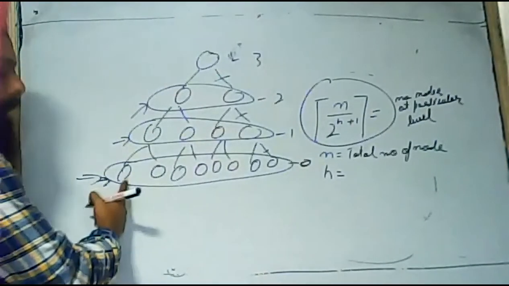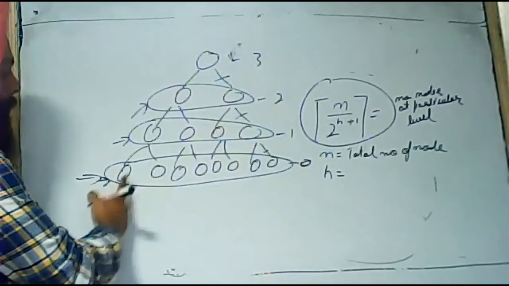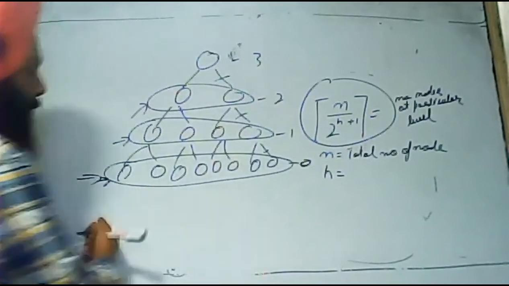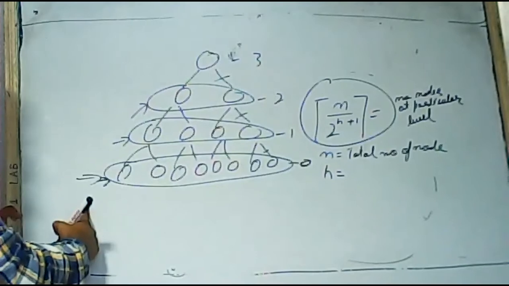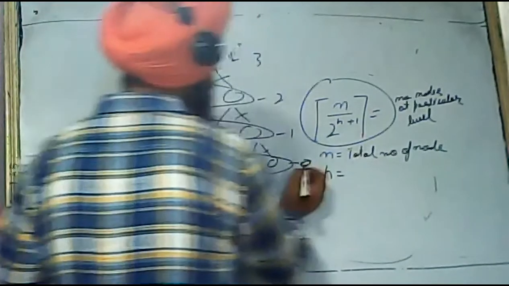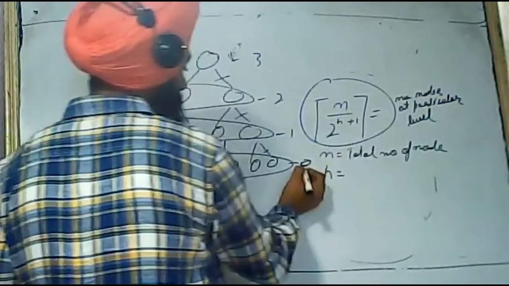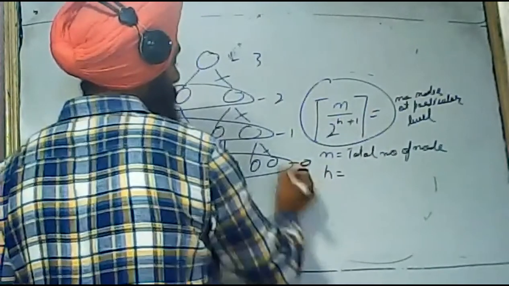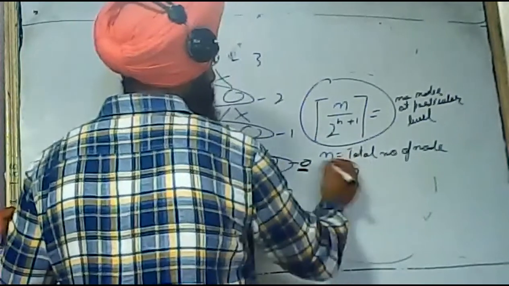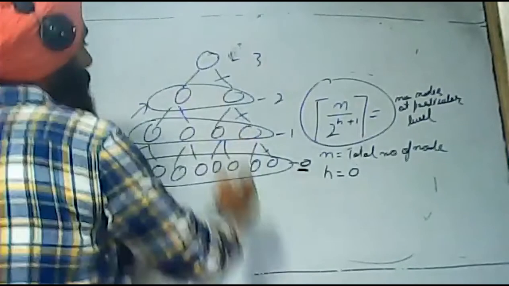Let's say I want to find out the number of nodes at level 0. I can see that it is 8. How can we tell that to the compiler? With the help of the formula. H is the level of the tree, so in this case it will be 0, and the total number of nodes is 15.